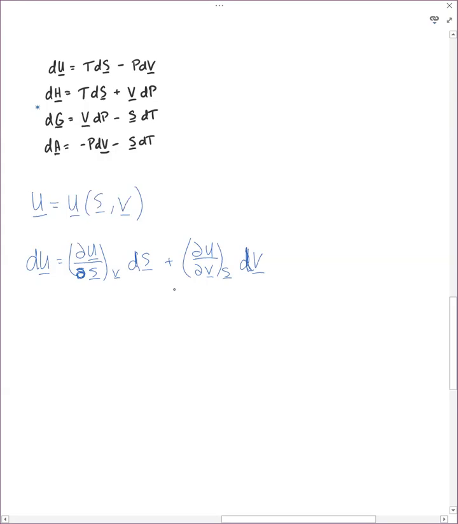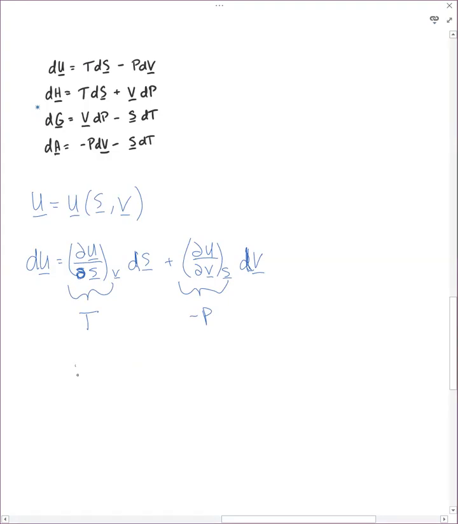Outside is total derivatives. All right, so compare this expression that I just wrote, by just taking the fact that my property is a function of 2 other properties, to the fundamental property relationship. Because dU has to be equal to dU, I can simply say that this partial derivative must be equal to T, and this partial derivative must be equal to minus P. Those are the only ways that I can get the 2 sides of the equation to be equal.